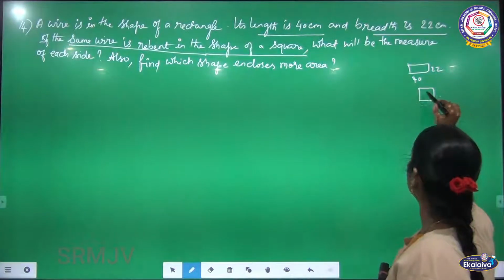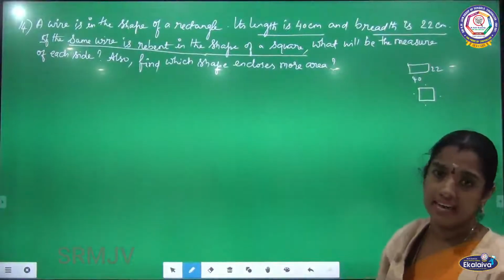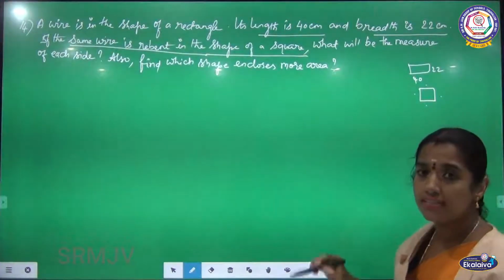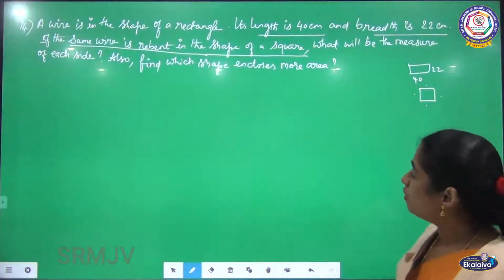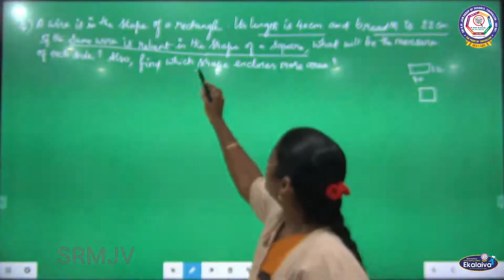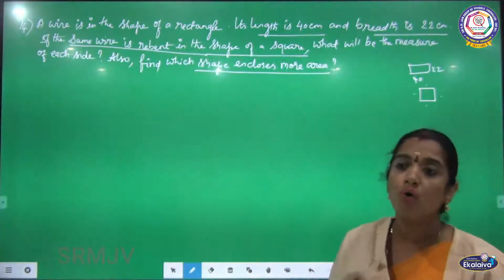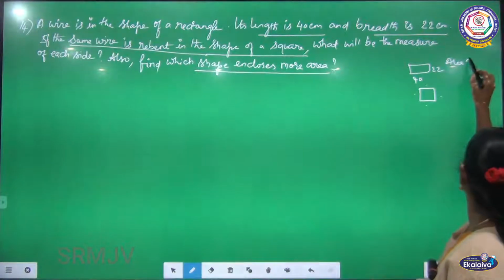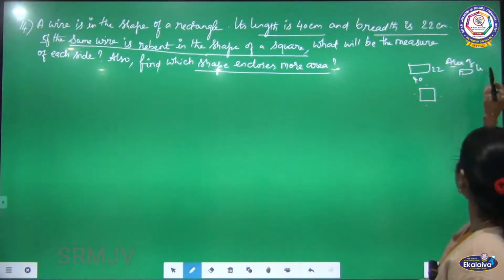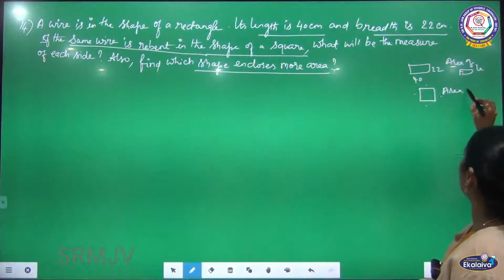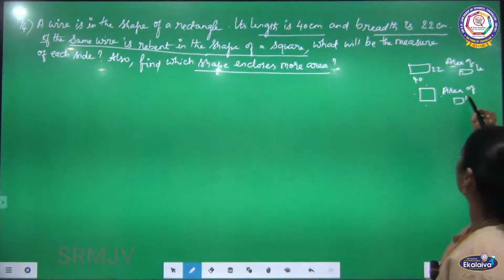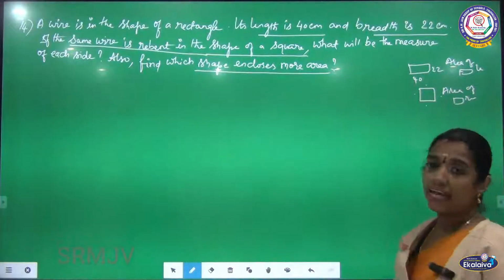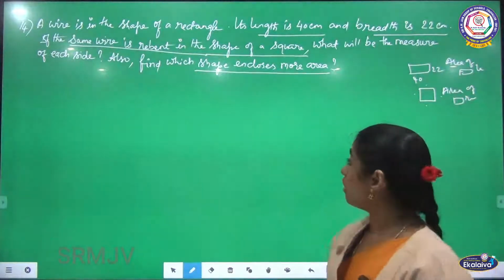I am going to find out each side here. That is the square side I am going to find out. Also find which shape encloses more area. So, I am going to find out the area of the rectangle as well as the area of the square. When I find the area of a square, what do I have to find?